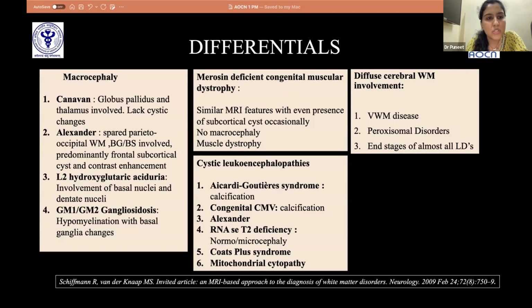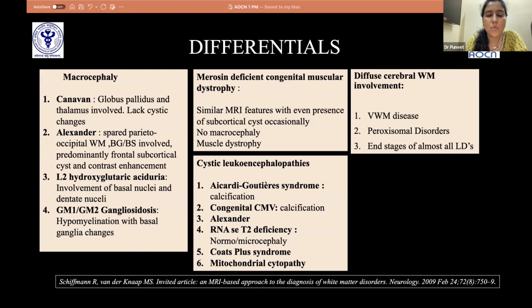So the common differentials again for macrocephaly can be Canavan, Alexander, L2-hydroxyglutaric aciduria, or GM1 or GM2 gangliosidosis, but they mostly present as hypomyelinating leukodystrophy. Another important differential is merosin deficient CMD. Almost similar MRI features can be present in merosin deficient CMD, and sometimes they can even present with formation of subcortical cysts.